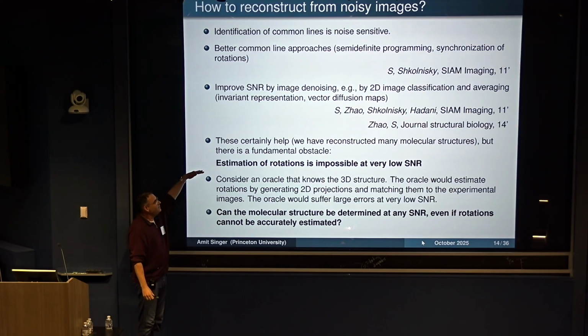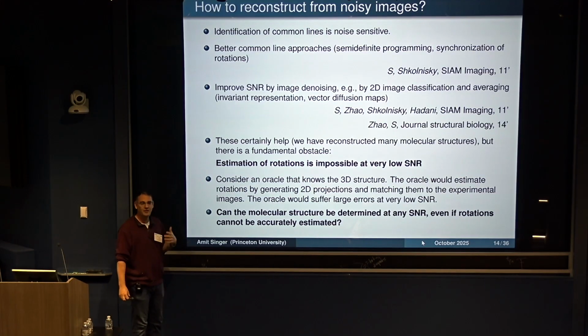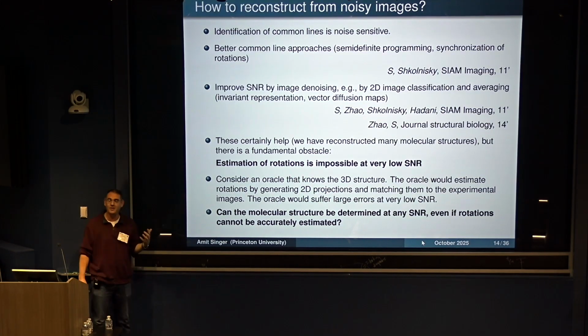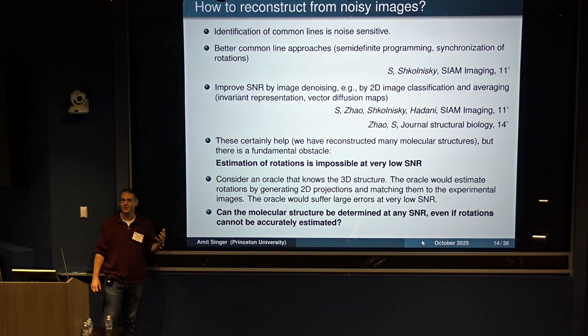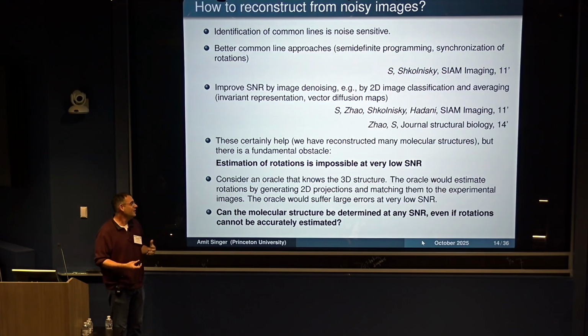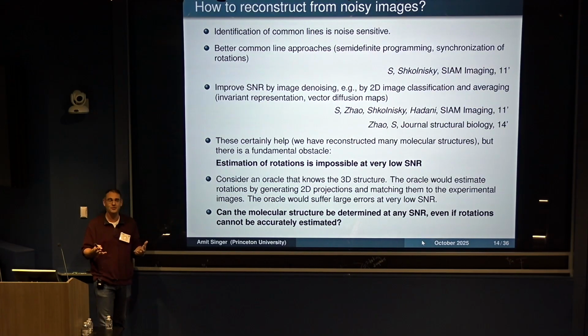The issue is really that there is no need to come up with very, very sophisticated algorithms, because estimation of rotation is really impossible at very low SNR, because even an oracle will not be able to estimate rotation at very low SNR. And the reason being, imagine an oracle that knows the 3D structure, okay? I don't know the 3D structure. So the oracle should be in much better position to be able to estimate rotation if they know the 3D structure.